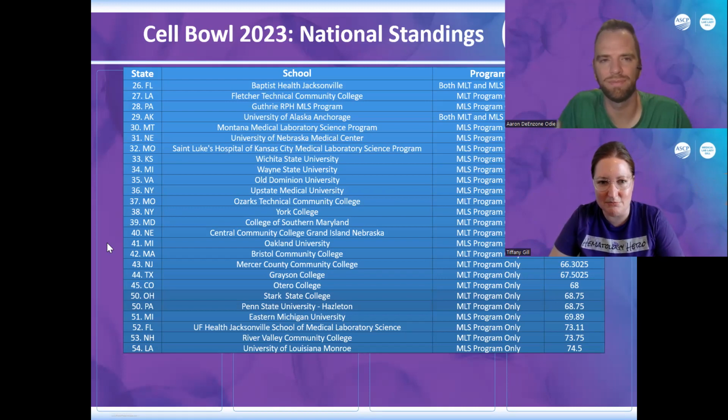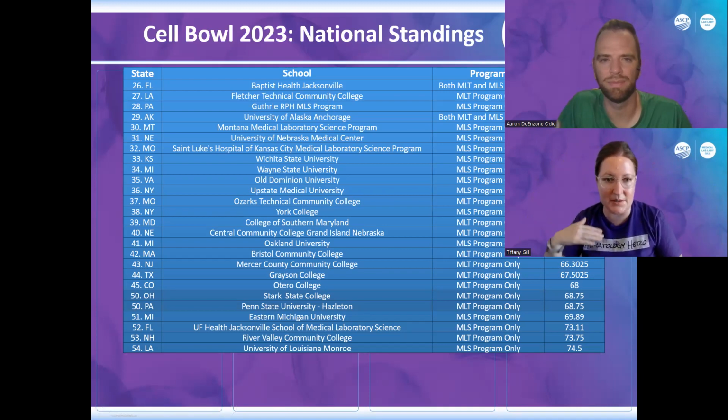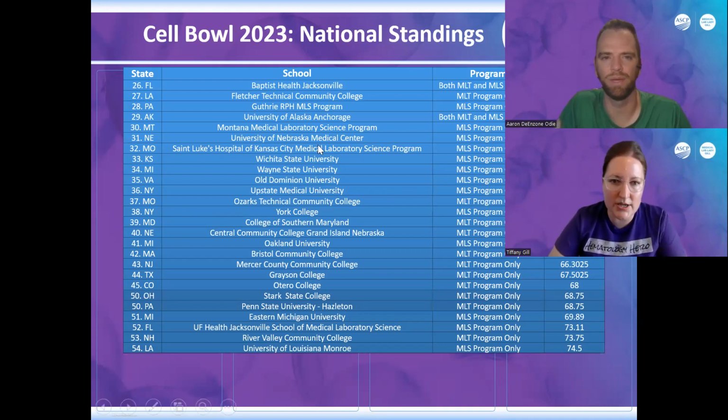So we've got some really amazing teams. And if you look, we're right under the Monarchs, Old Dominion University, and they're part of the top three of the JV team moving in. So you're right in the mix. Wichita State. So you're seeing how this is really shaken up, right?